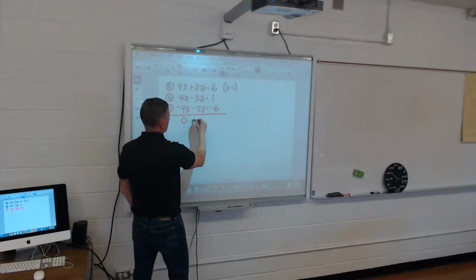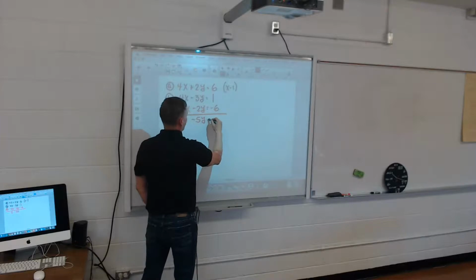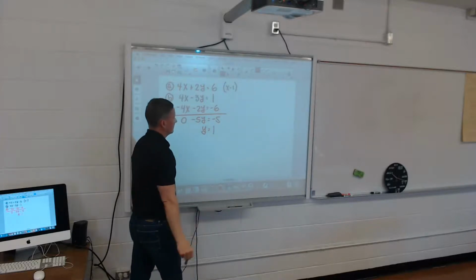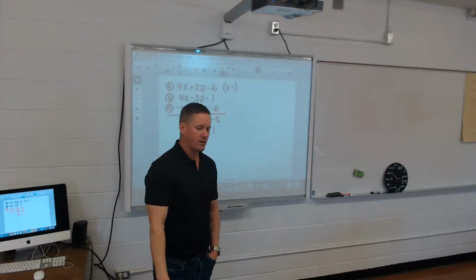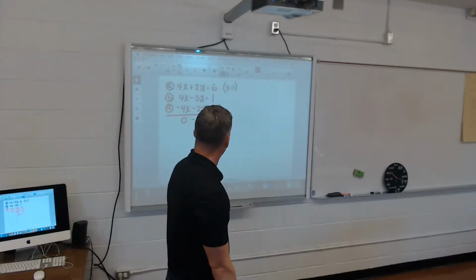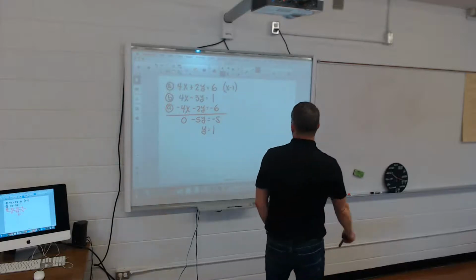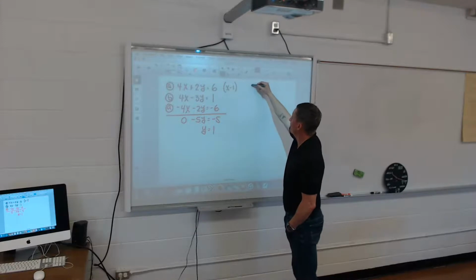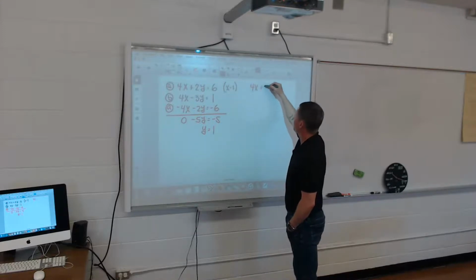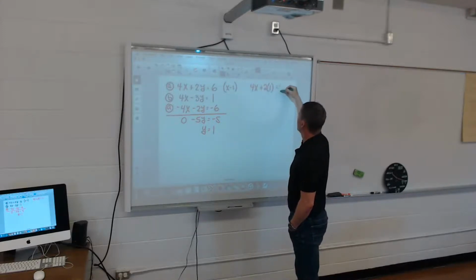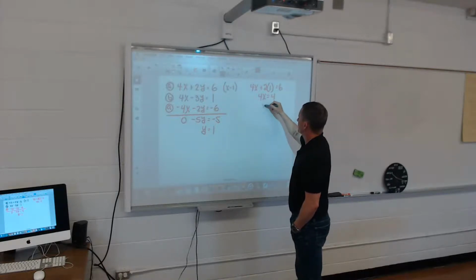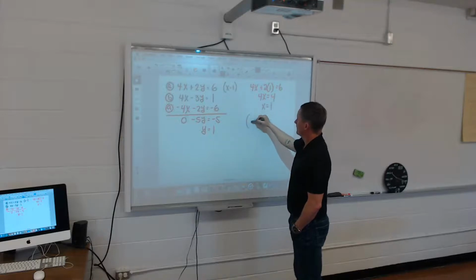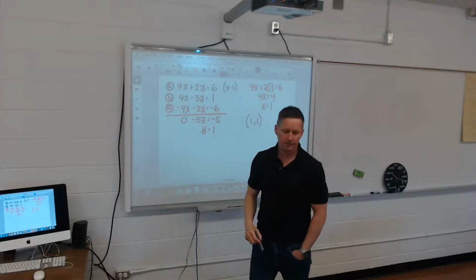I get 0 minus 5y equals minus 5. Divide by negative 5, and I get y equals 1. And again, I do the same thing I would have done with substitution. Put it back into the equation and solve.